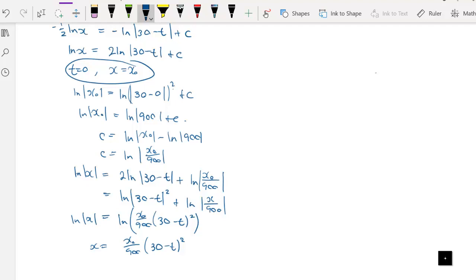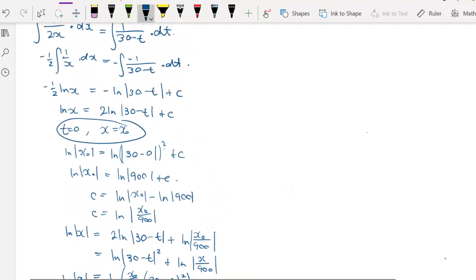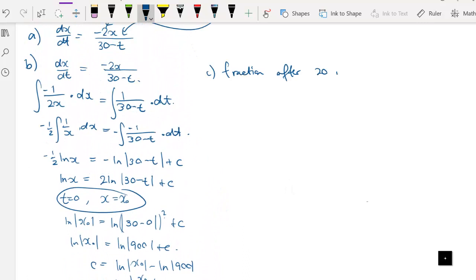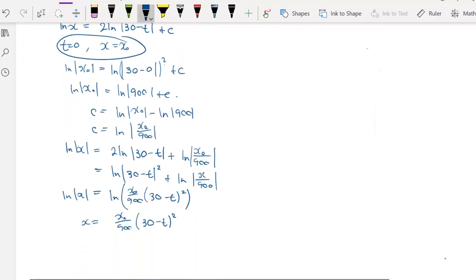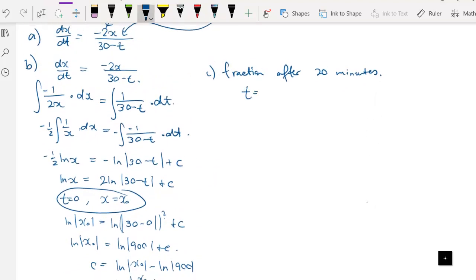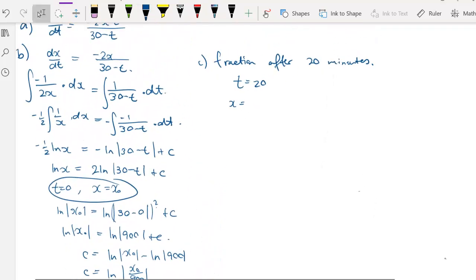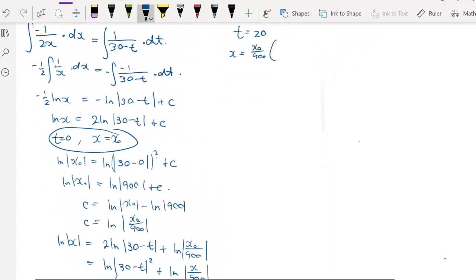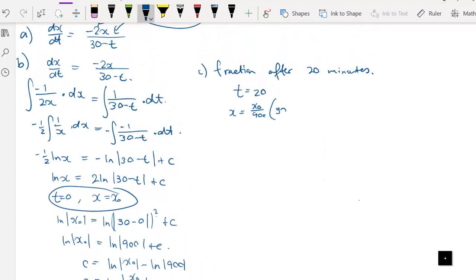Now, if we want to find the fraction after 20 minutes, then all we need to do is let t equal 20. So x will be equal to x0/900 times (30 - t) all squared, so (30 - 20) all squared.